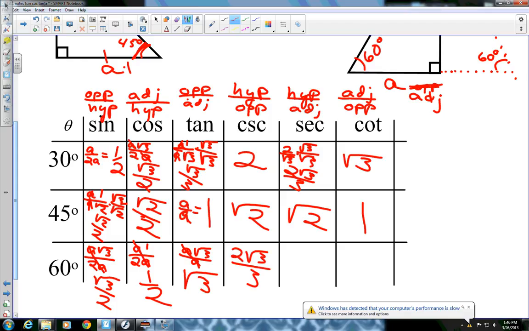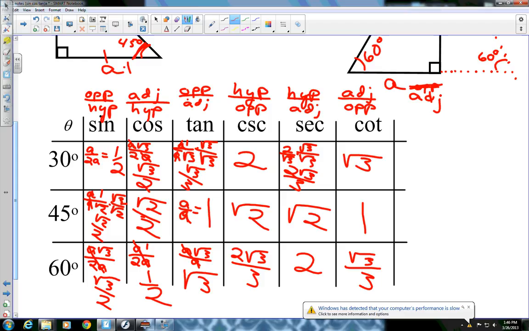Same as the secant for 30 degrees. The secant is the reciprocal of the cosine, so 1 over 1 half, the reciprocal, is 2. The cotangent is the reciprocal of the tangent, so that's 1 over root 3, which is root 3 over 3.